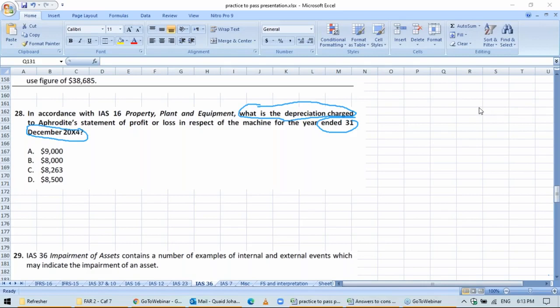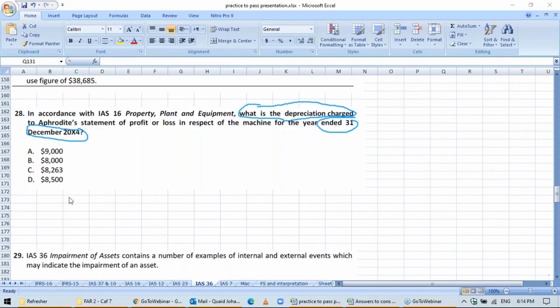So this is what is required. Okay, so let me tell you the depreciation now.